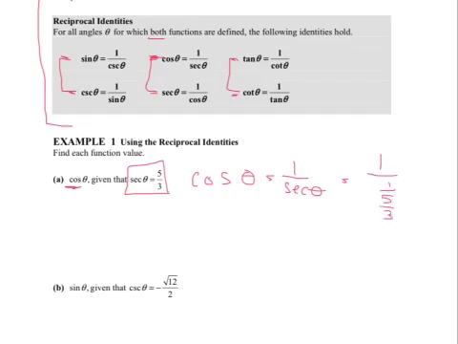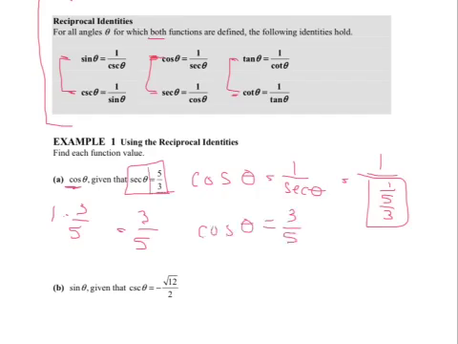And all we want to do is, this is the same thing as 1 times 3/5, because we're going to multiply by our reciprocal, which is going to give us 3/5. So then the cosine of theta is 3/5, which really is the reciprocal of 5/3.